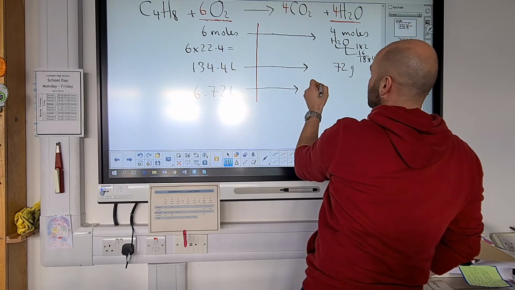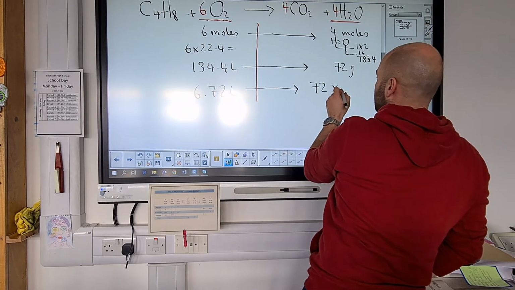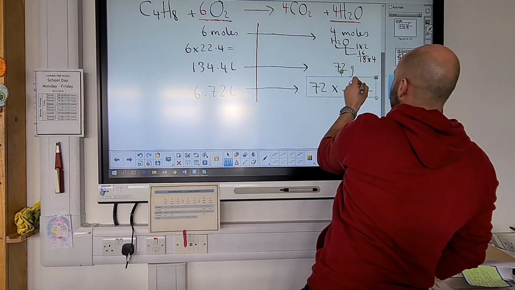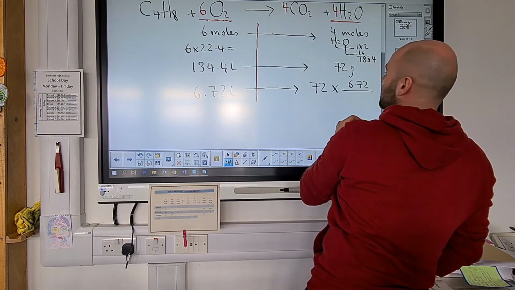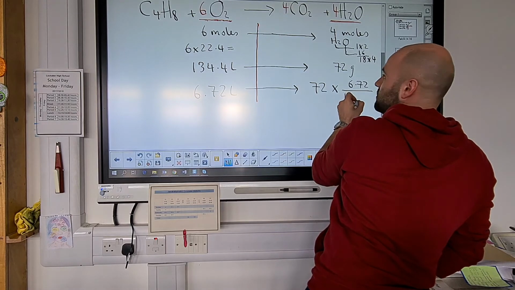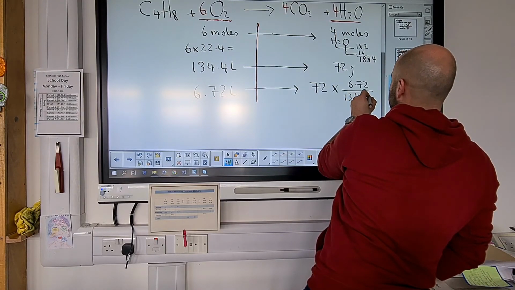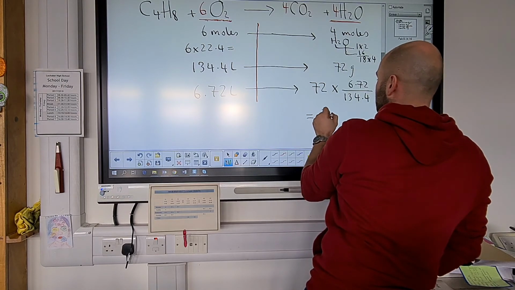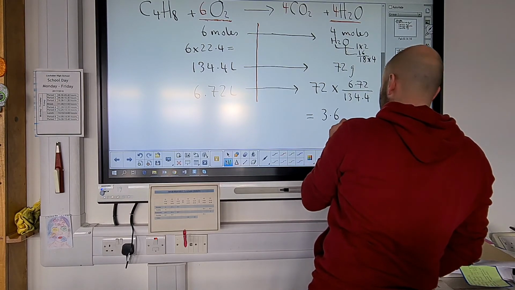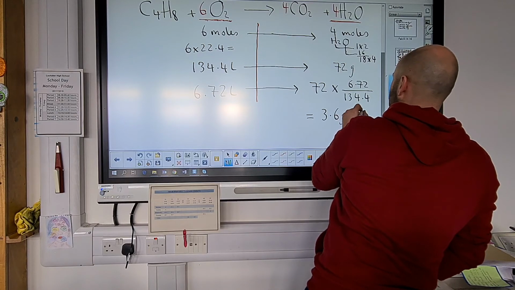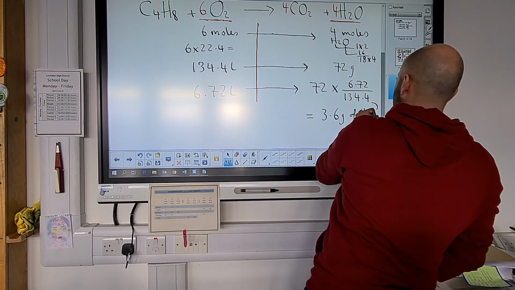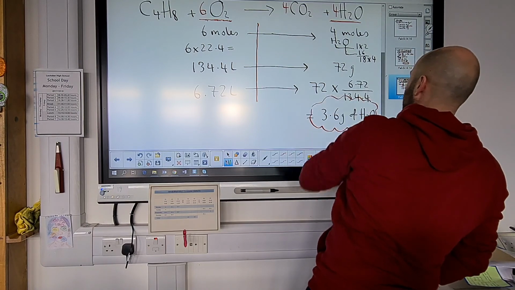So I'm going to make 72 smaller by putting the smaller number at the top, 6.72, divided by the bigger number at the bottom, 134.4. And if we were to do this in a calculator, you would get 3.6 grams of H2O. This being our final answer.